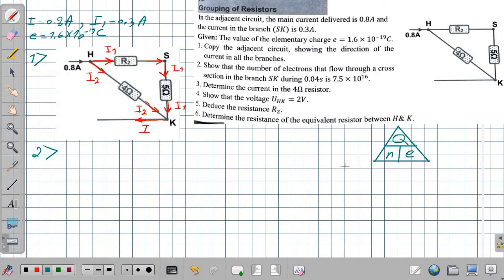N E equals Q. To use this relation, we need to find Q. We have E as a given here. So to get the number of electrons we need to know the quantity of charge.